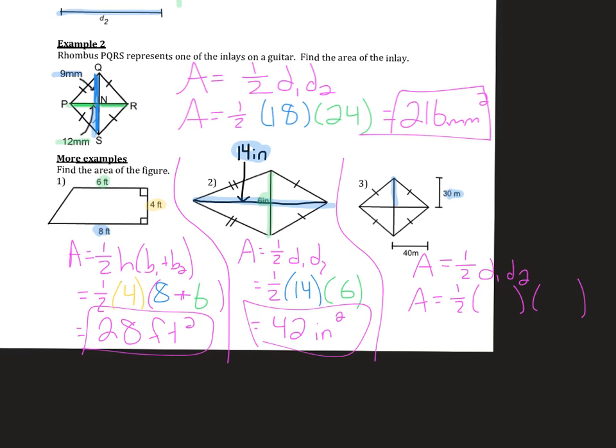So that means the entire diagonal will be 60. And then looking down below, we're given this much here is 40. So that means the entire diagonal will be 80. So 1/2 times 60 times 80 should give us 2,400 meters squared.